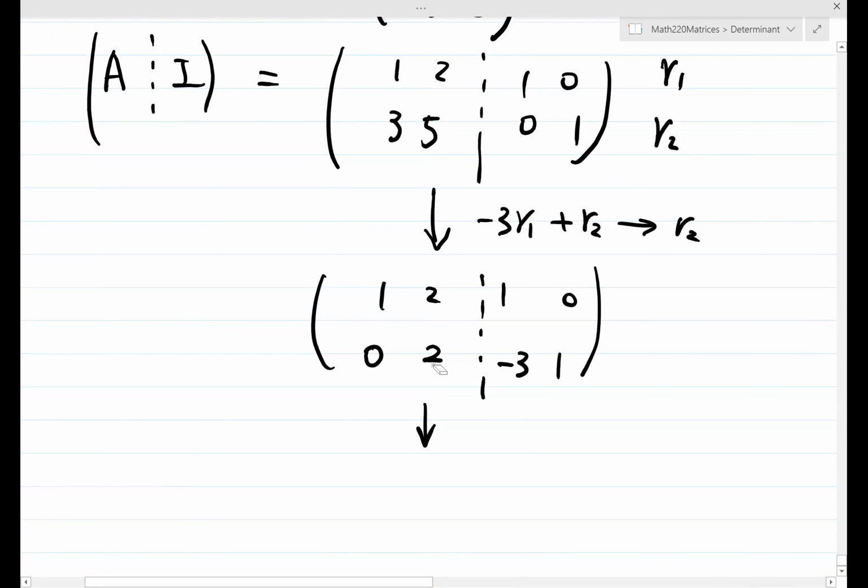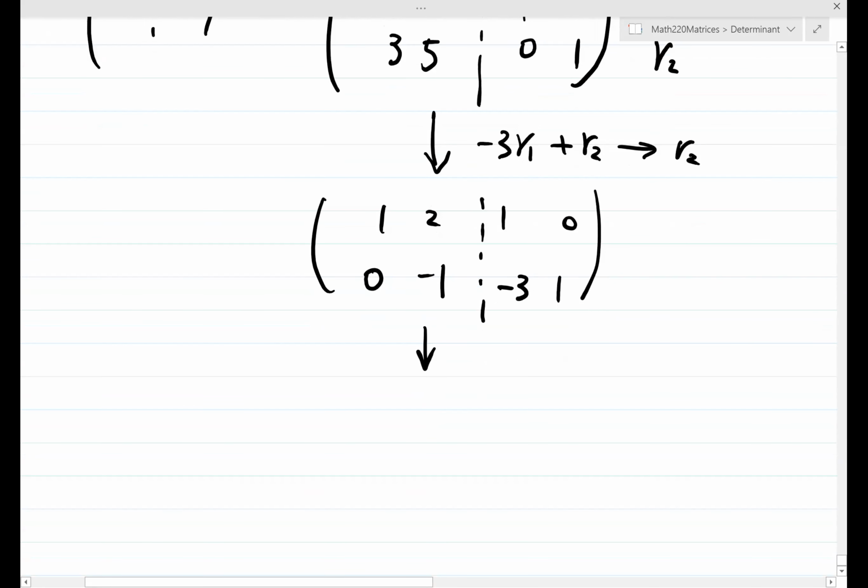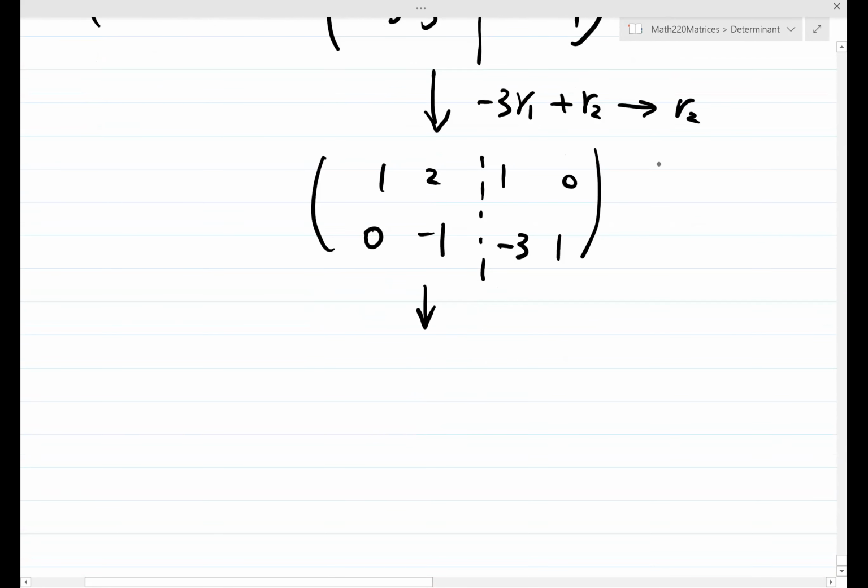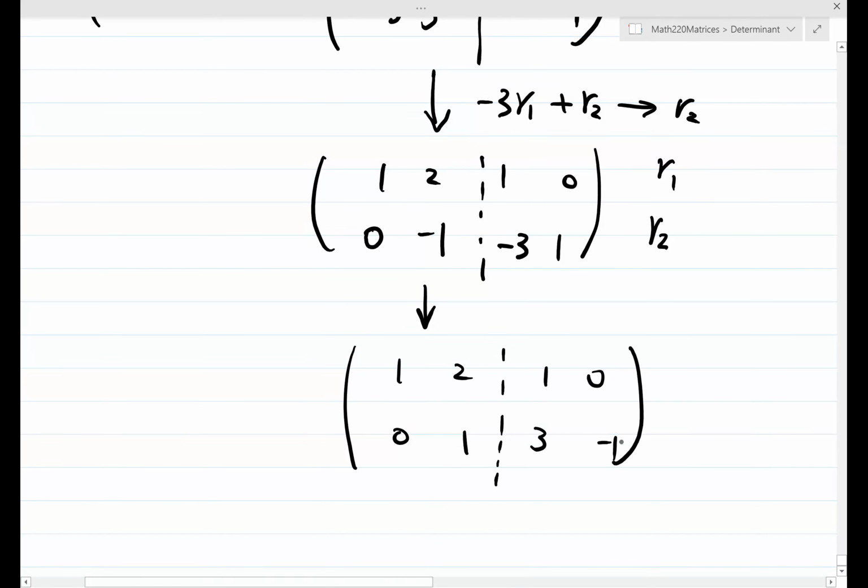Wait a second, did I make a mistake? This is wrong, this should be -1 here. Then multiply R2 by -1. So 1, 2, 1, 0, 0, 1, -1, 3 here.